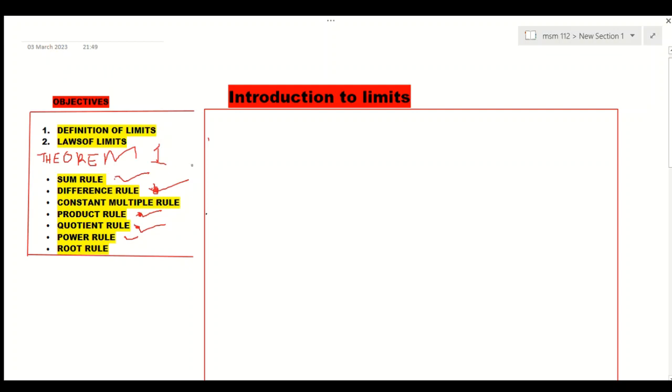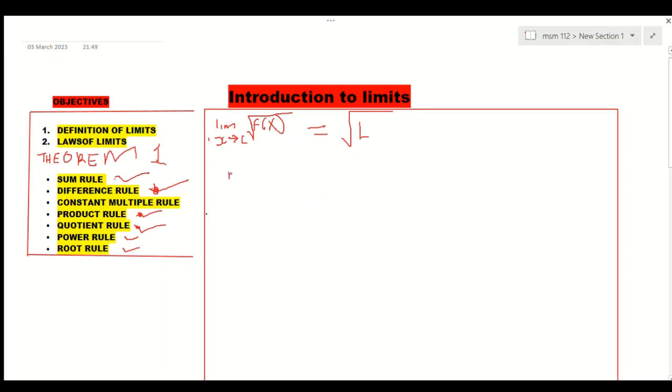It's very simple. Then we come to the root rule. The root rule states something like this: as x approaches some constant of f of x, where this is in a root, like a square root or cube root, any root, this is equal to the root of L. That's the answer.